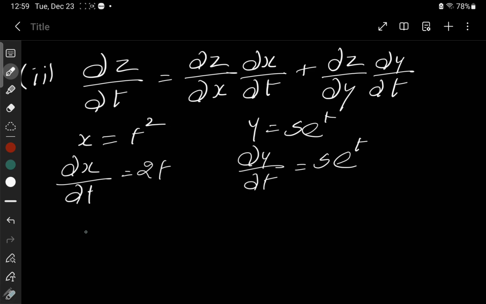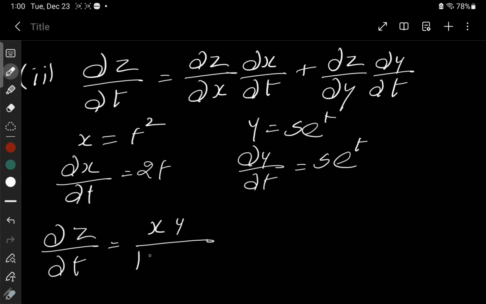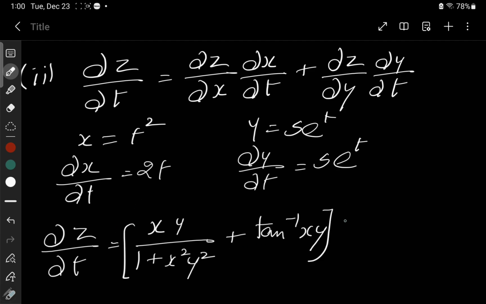Dou z by dou t is equal to dou z by dou x, which we got as xy by 1 plus x squared y squared plus tan inverse xy, times dou x by dou t, which is 2t, plus dou z by dou y, what you have got, x squared by 1 plus x squared y squared, then dou y by dou t, which is s into e power t.